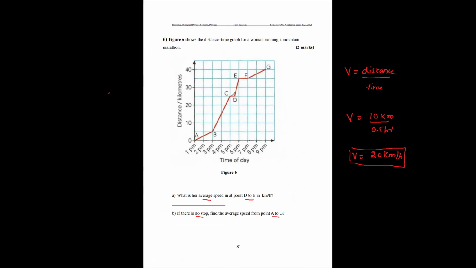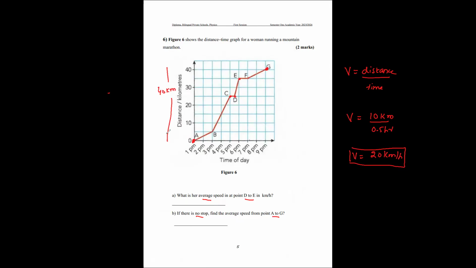From C to D, we have one stop, and E to F, we have the second stop. The first thing is we have to find the distance. So from point A to G, this is my point A, this is my point G, and here we have to find the distance. So total distance is 40 minus 0, which is equal to 40 kilometer.